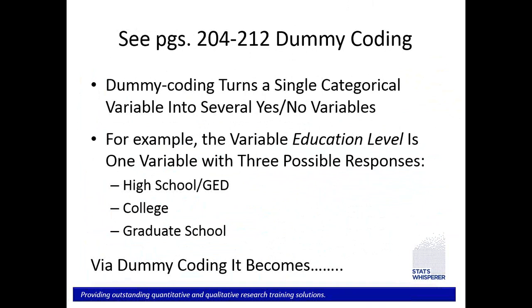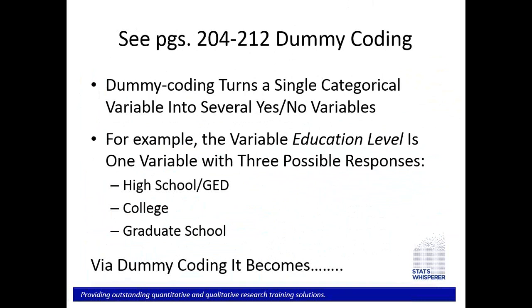As we said last class, in our data entry week, we did recoding. So dummy coding is just another recoding process. We're essentially recoding each category within the categorical variable to be separate dichotomous yes-no variables.